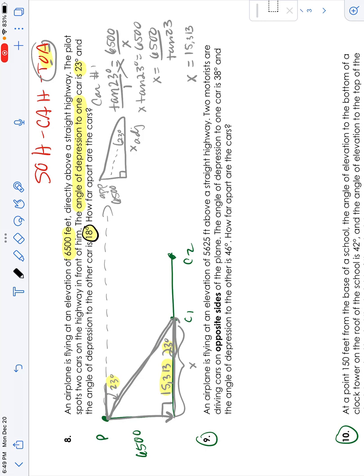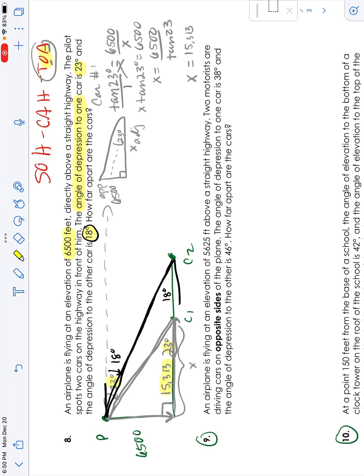Now the other one's 18 degrees, which makes sense because now I'm looking over here. So if you're looking at something farther away, you don't have to look down as far. But again, I need that Z because I need to be inside of my triangle. So this 18 degree is going to be down here.